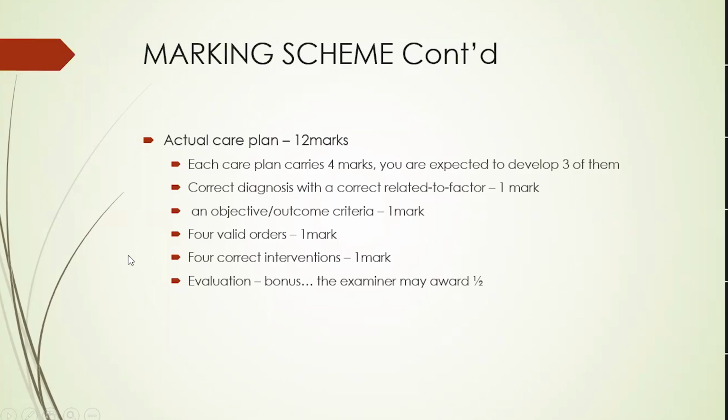So sometimes you see students write check vital signs for a problem of, let's say, patient complaints of inability to sleep. Then you realize that the student is writing the same orders for pain and for sleep. So the moment we see a deviation, everything you have written there is wrong. Then four correct interventions give you 1 mark.